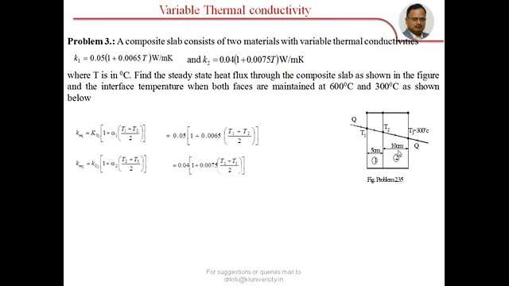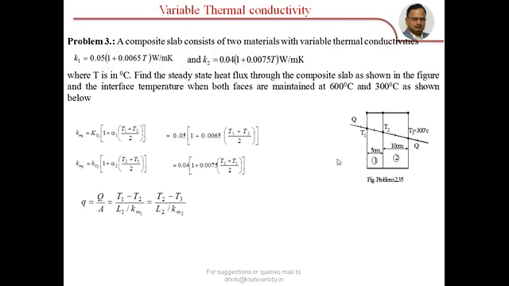Similarly, mean thermal conductivity of material 2 is 0.04 K0 into (1 plus alpha). In the place of T, you have to take the mean temperature, the mean temperature of T2 and T3, that is (T2 plus T3) by 2. You will get K mean 2.